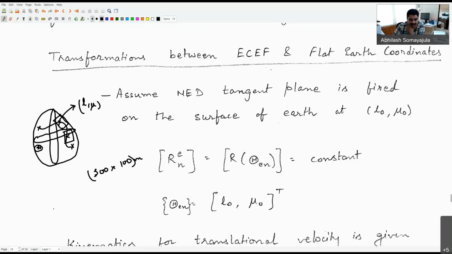In this case, we know that over this small a distance, the curvature of Earth is not very significant.